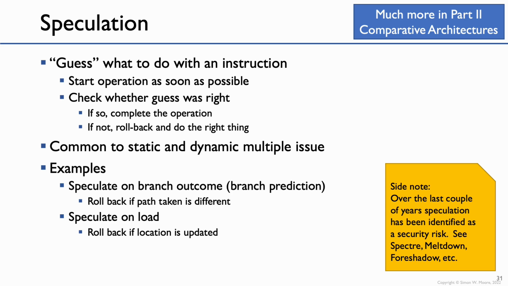Now, of course, the processor designers have been quite careful to ensure that even if you do speculation, you've preserved the sequential model. So why would there be a security risk? Well, the problem is that it's been demonstrated that you can do things in speculation that, for example, cause the timing behavior of the processor to change.